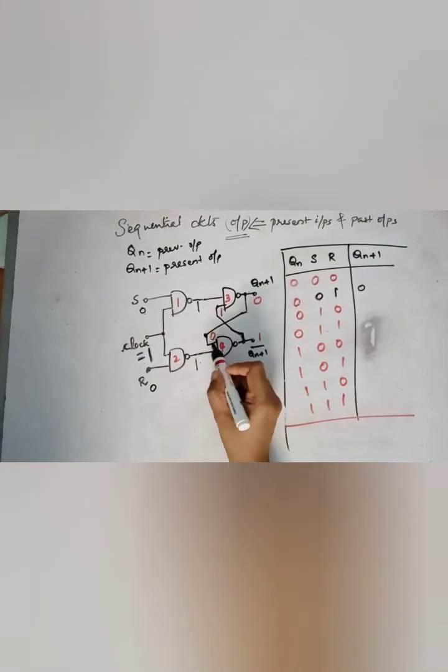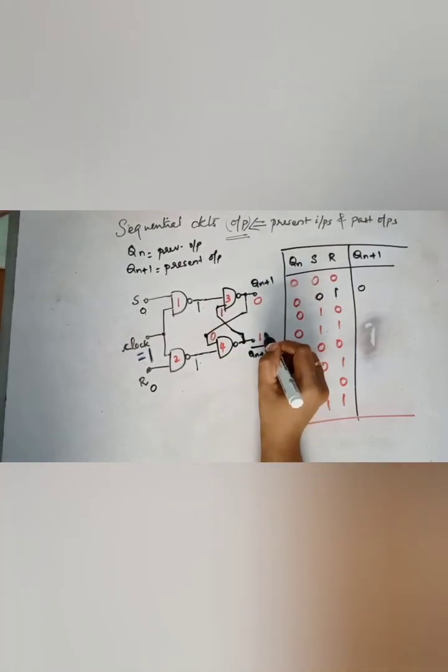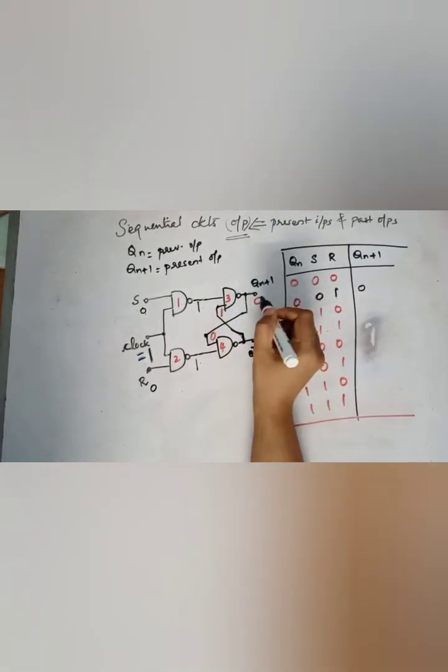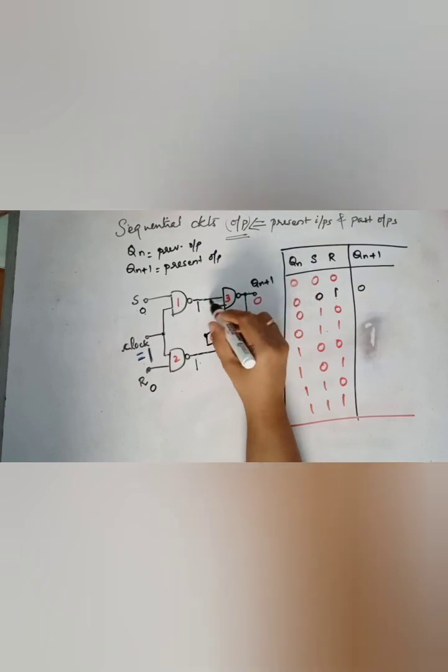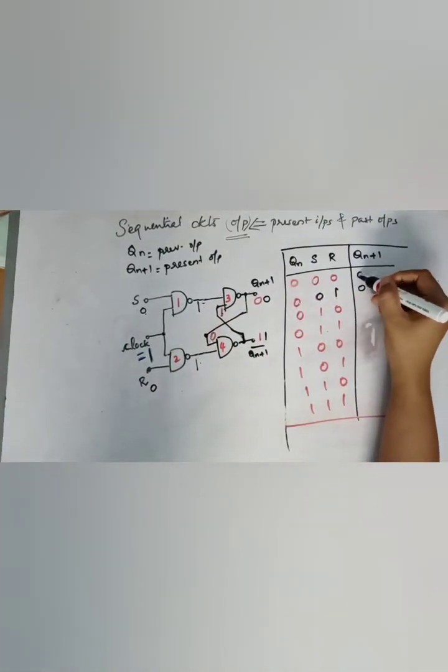So now what happens? The previous output 0 came here. So 0, 1, the output is 1. 1, 1, the output is 0. So here again it is 0.